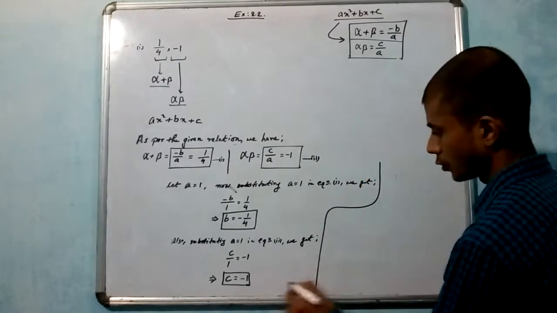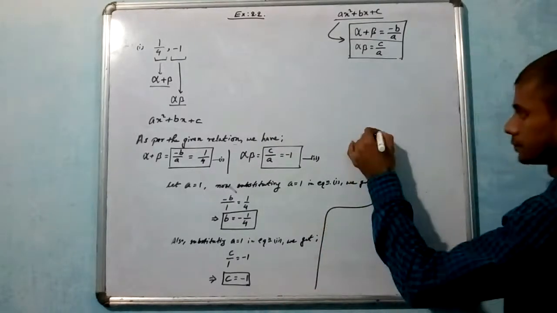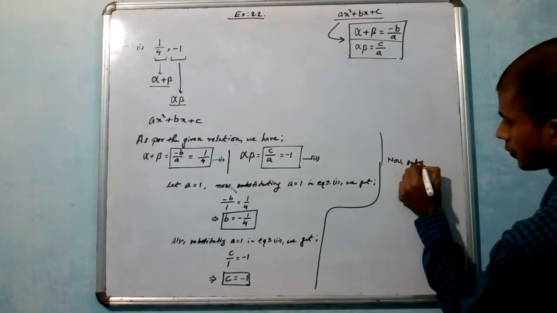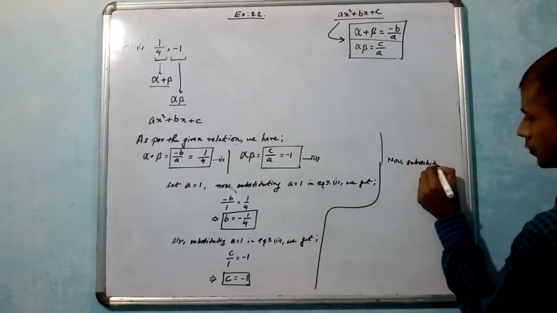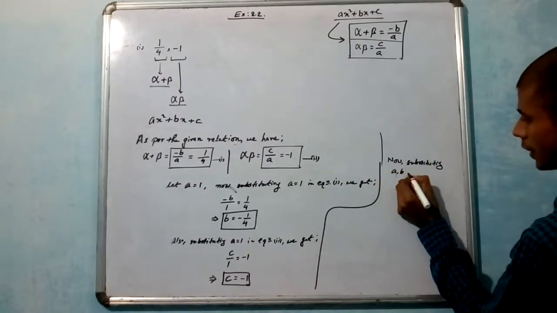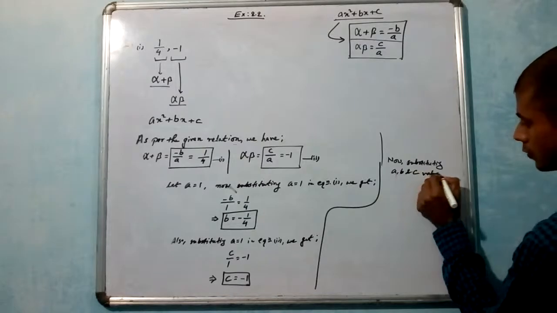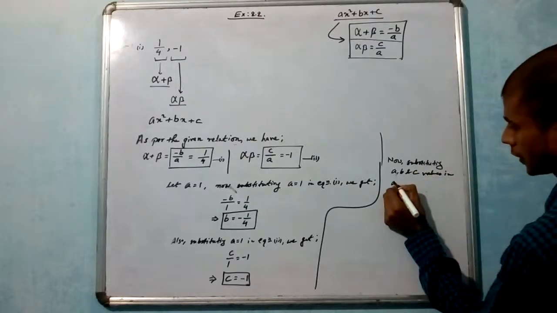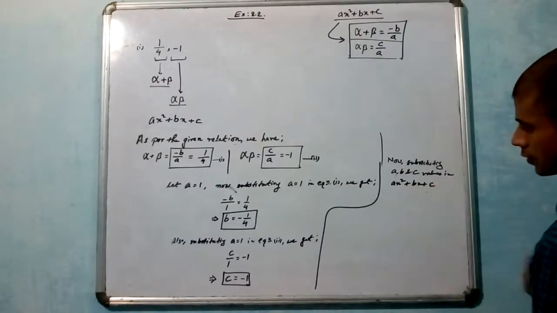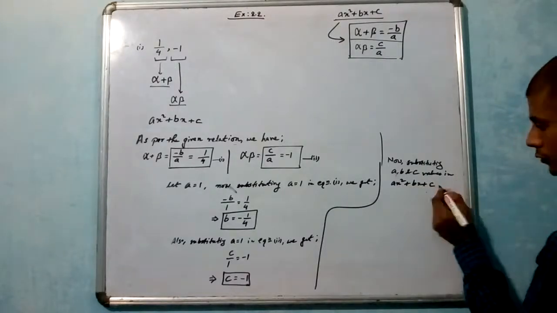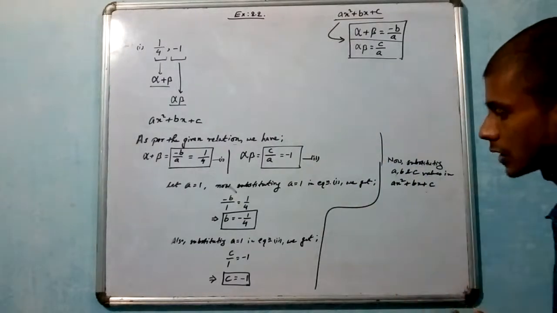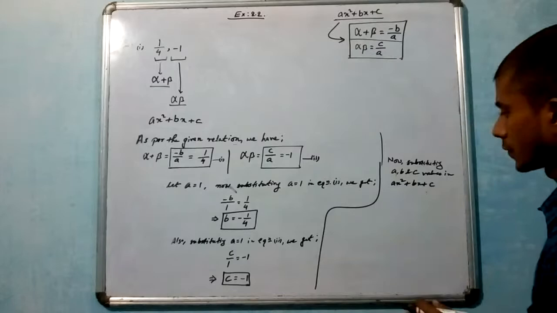Now what to do? Now substituting a, b and c values in ax square plus bx plus c. Okay, polynomial, not equation. We will not make it equal to 0. We are here working on polynomials, not the equation.